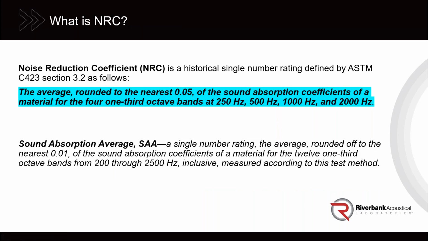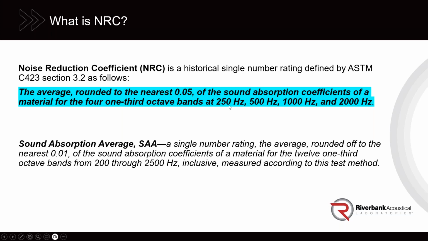So noise reduction coefficient, NRC, is a single number rating, a classification that has been defined historically by ASTM. It's a way to communicate a single number rating or an average sound absorption coefficient for a type of material.